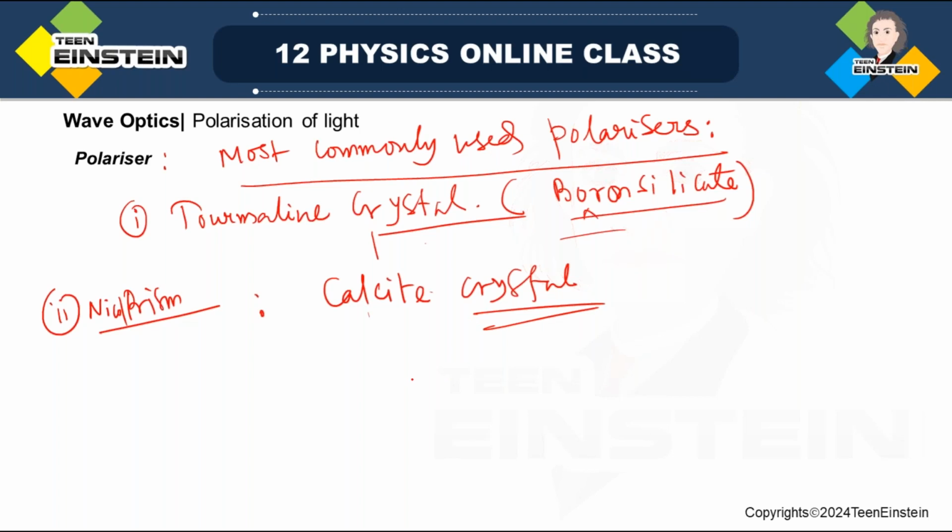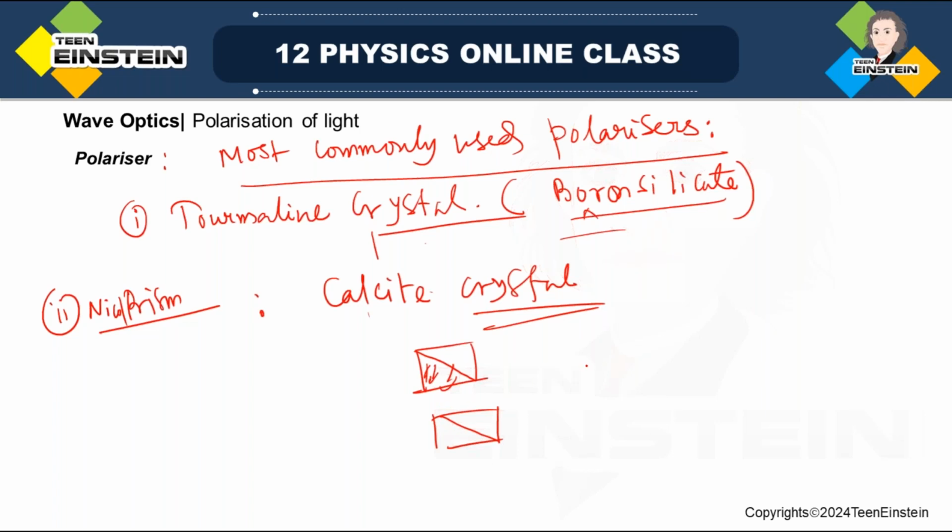Actually, to make a Nicol prism, two such calcite crystals will be taken, and they will be cut in such a way, like this. This portion, and this portion will be cut like this.